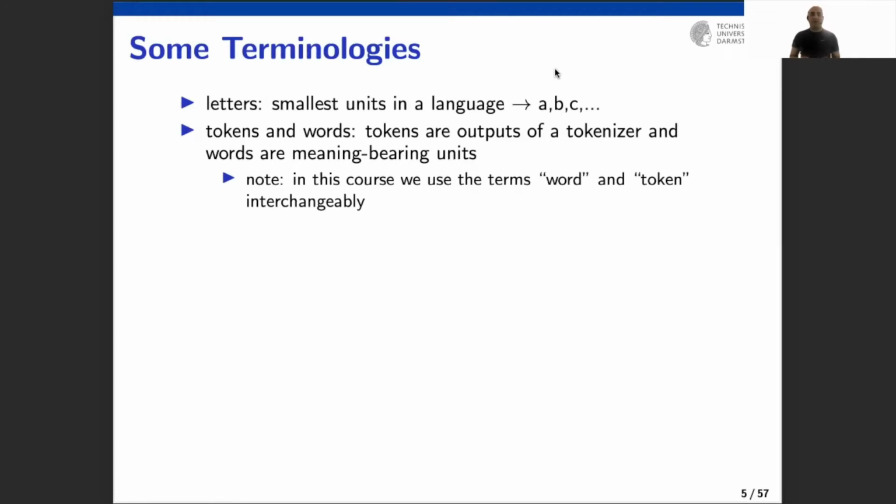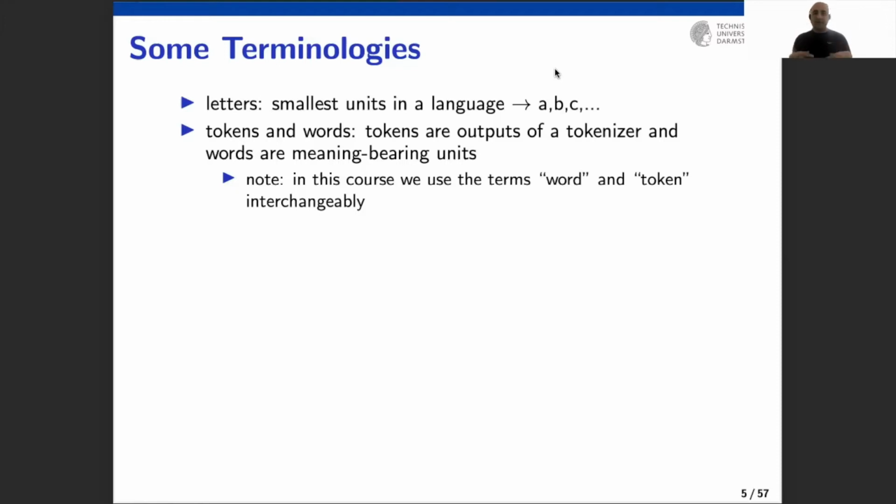Now we want to talk about tokens and words. Tokens are outputs of a tokenizer, and words are meaning-bearing units. It's very important to know that there is not a unique definition for words or tokens. There is a big debate in linguistic theories, and big discussions in every community, about the meaning of words and the meaning of tokens.